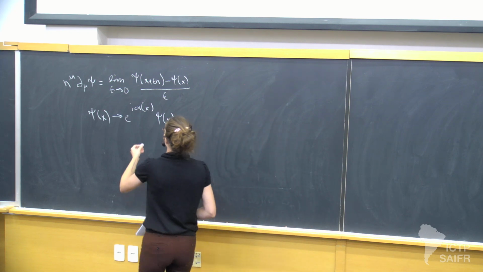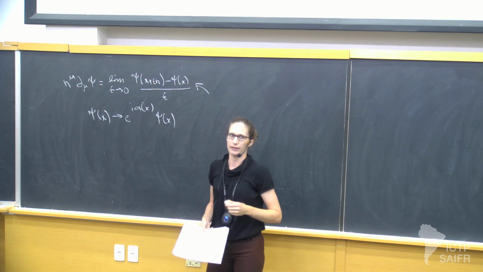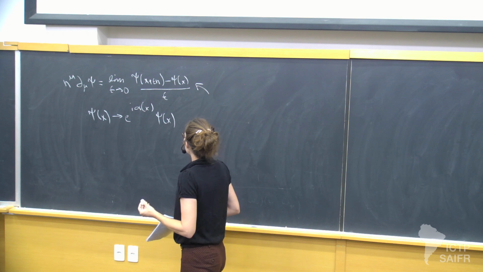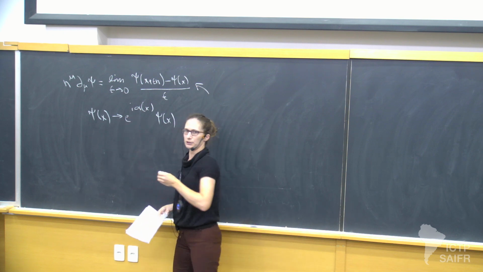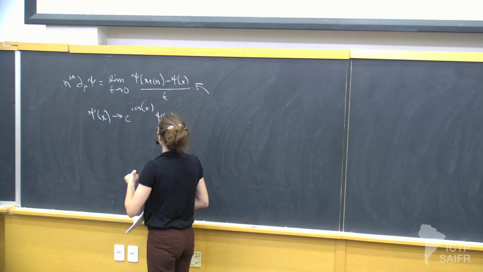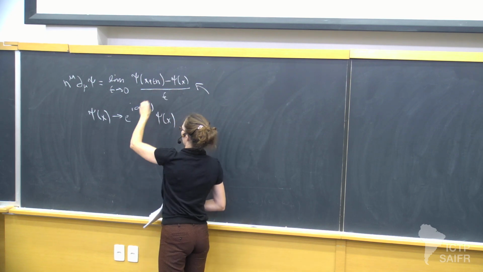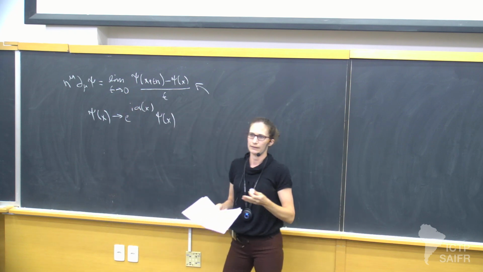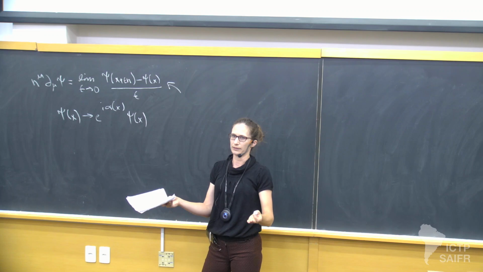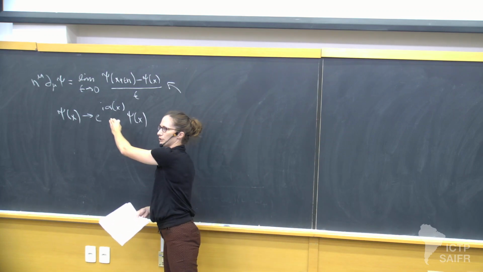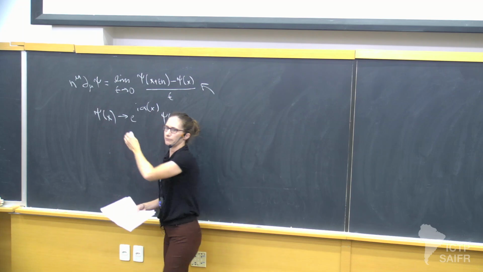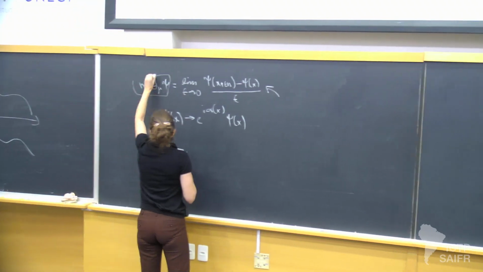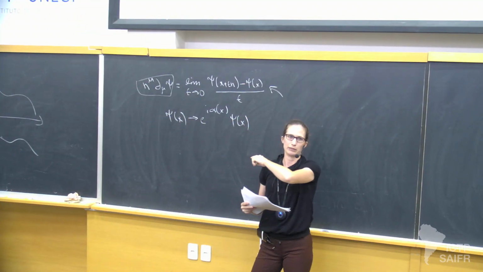So now, because we know that our action has these derivatives in it, if we try to perform this transformation on the derivative, it's going to look different for the two different terms, because here I'm going to get an alpha of x, and here I'm going to get an alpha of x plus epsilon n. These two things are at different space-time points, so they're going to see different U1 transformations. So this thing is not well defined under this transformation. We can't say that this object transforms like some phase times that object.